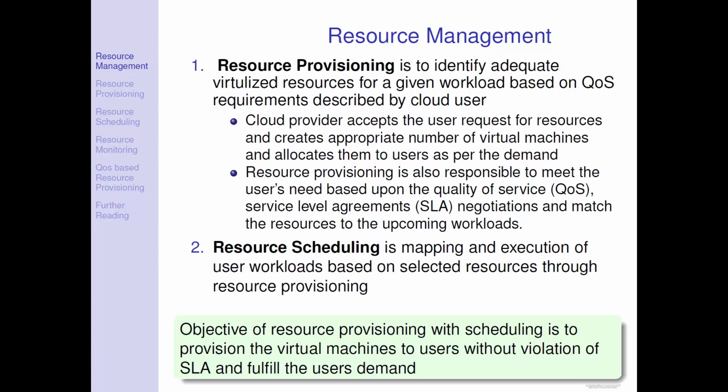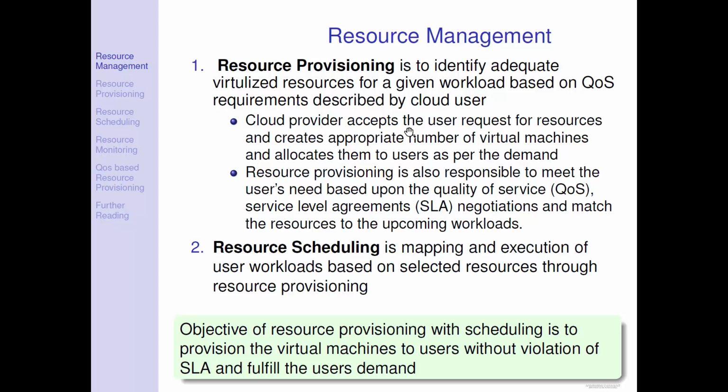So let us formally define what is resource provisioning. Resource provisioning is to identify adequate virtualized resources for a given workload based on the QoS requirement described by the cloud user. So basically it means detection and selection of resources for the given workload such that the quality of service guarantees which have been promised to the users are maintained.